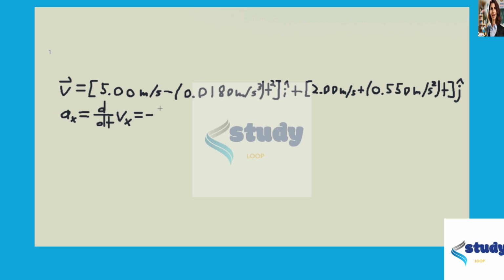Okay, so we have this. And we're going to keep the units here, so we're going to keep the meters per second to the third.